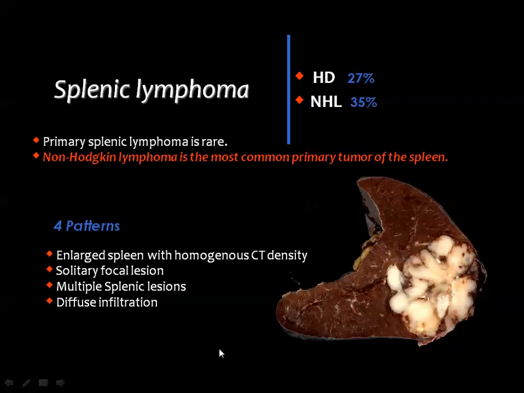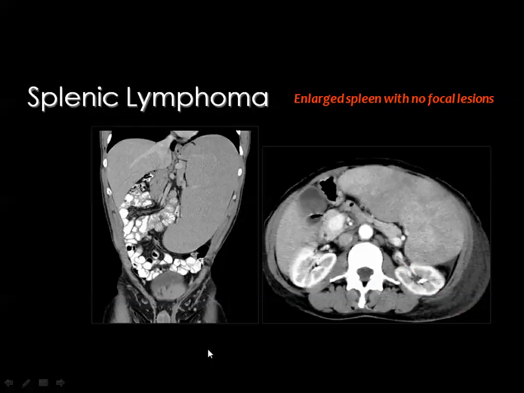Then splenomegaly is not a sign of lymphoma, but whenever the spleen is very big or huge, what we call massive splenomegaly, and this term is applied for the spleen which is reaching the iliac crest and crossing the midline. This is known as massive splenomegaly, which may be a presentation of lymphoma in some cases.